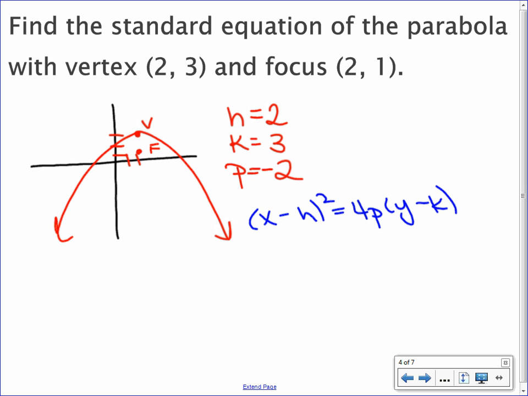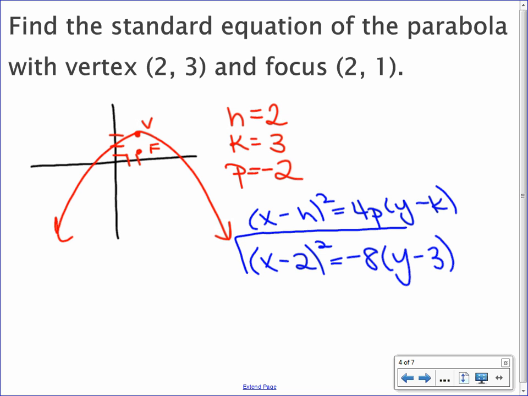Remember, the 4p goes with the linear term. h is 2. p is negative 2, so that makes it. And k is 3. No, standard form.